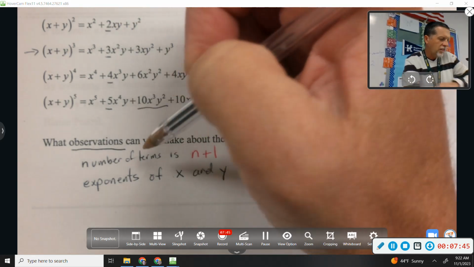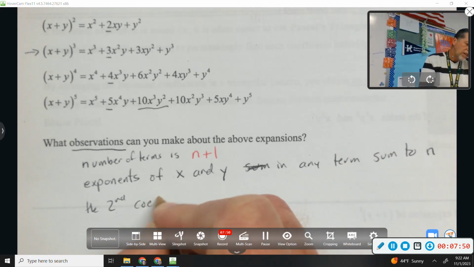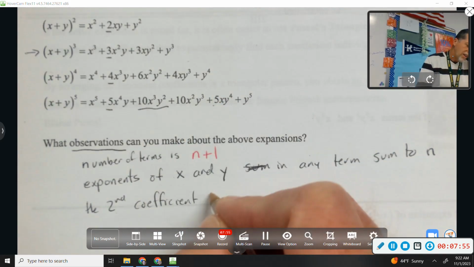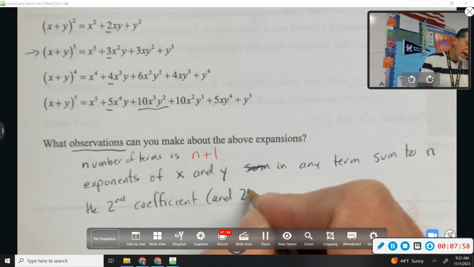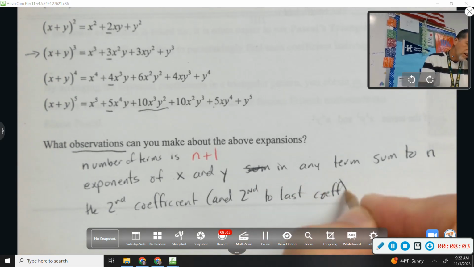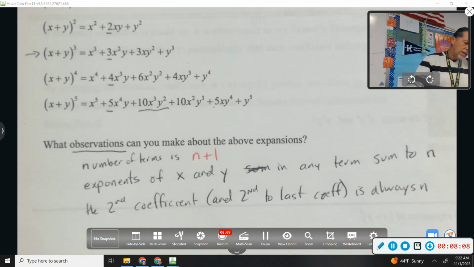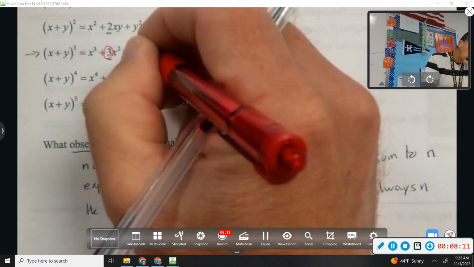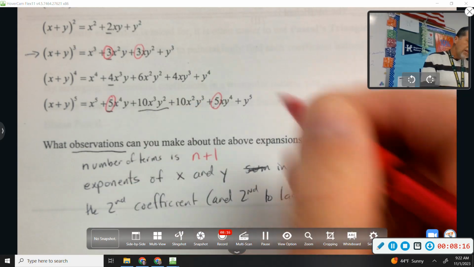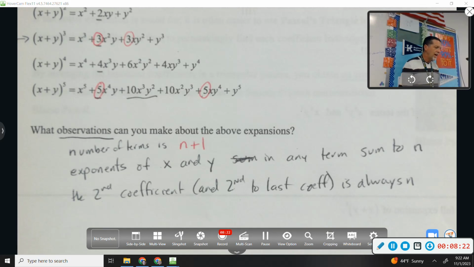The second coefficient, and second to last coefficient is always n. So 3 and 3, those are right next to each other. But even when we expand out to 5, the second coefficient and the second to last coefficient is always n. Yes.